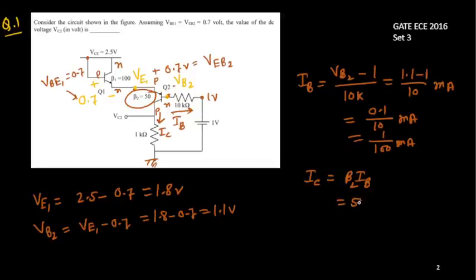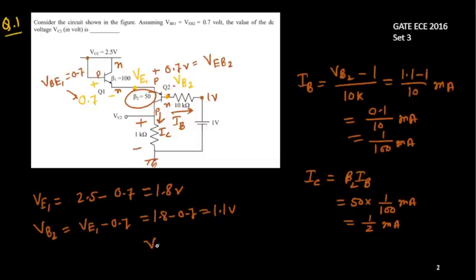Beta 2 is 50 and this is 1 by 100 milliampere, so this gives 0.5 milliampere. Now we are in a position to find the potential drop across this one. VC2 is nothing but the potential drop across 1 kilo ohm.